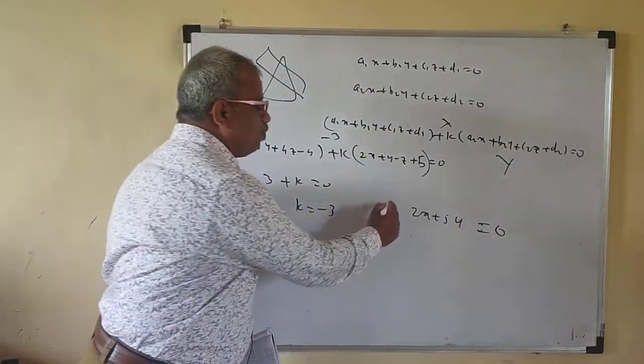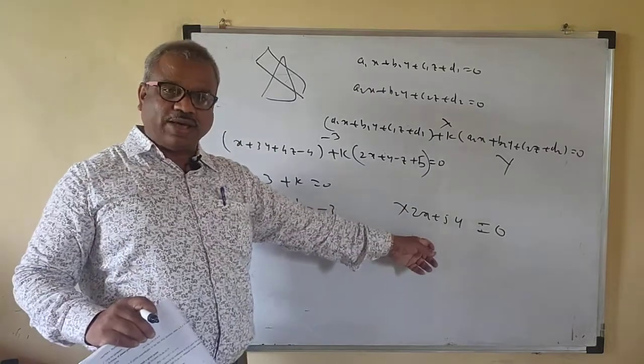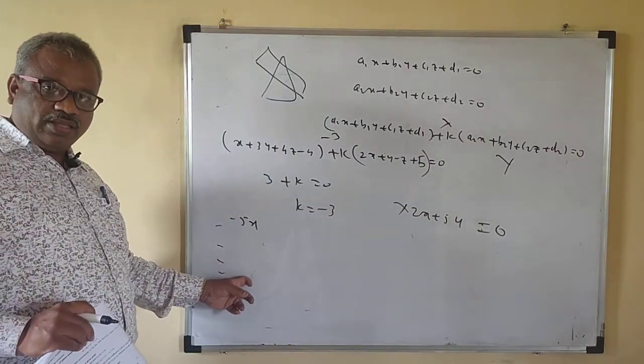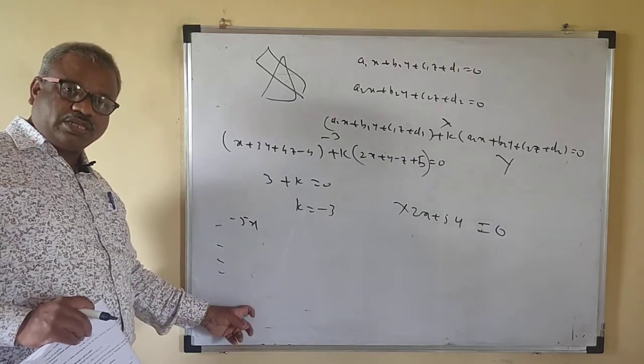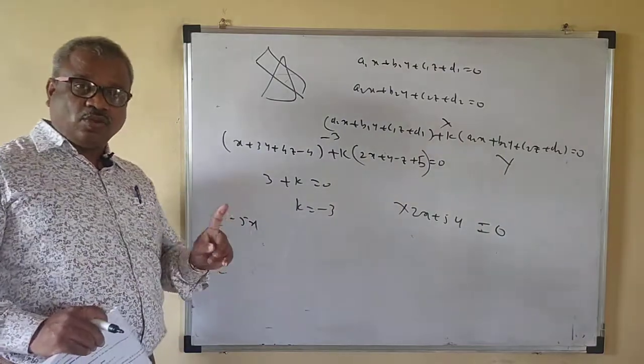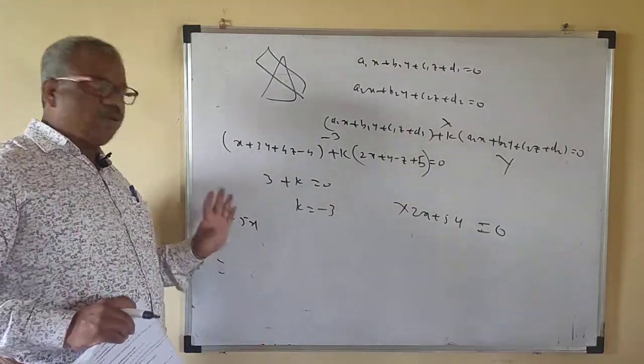That means this is not your plane, because this plane is not parallel to the y-axis. So if a plane contains the term y, meaning the coefficient of y is not 0 in the option, that will not be your option. If there is only one plane which does not contain y, that will be your correct option.